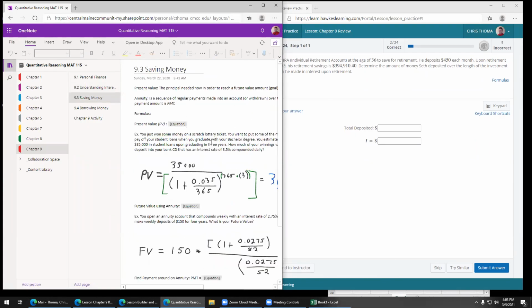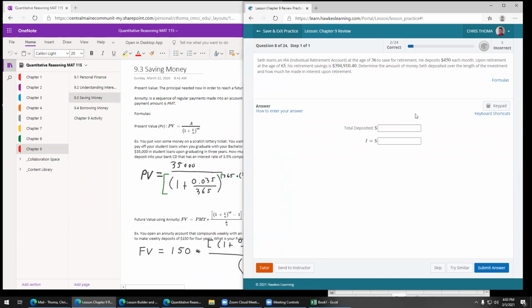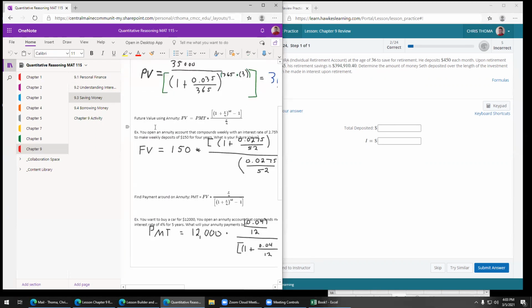So again, saving money. We are looking for: Seth starts an IRA at the age of 36 for retirement. He deposits $450 a month. Upon retirement, so present value, future value.